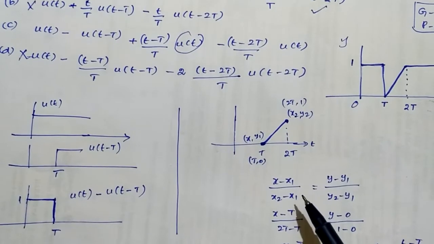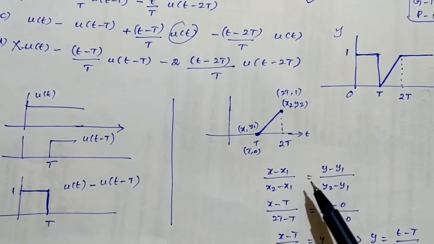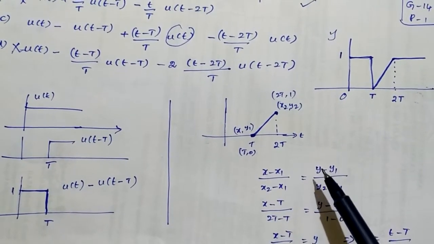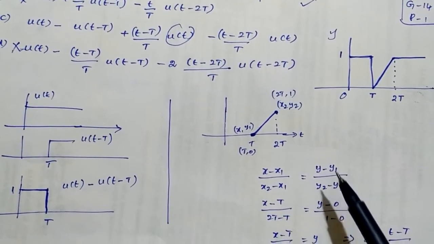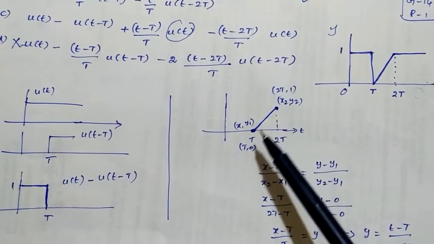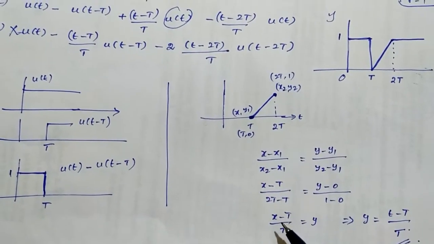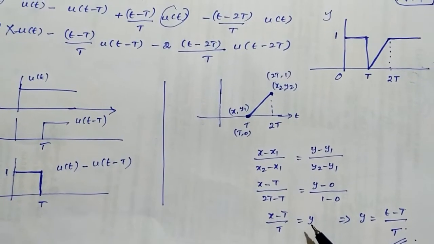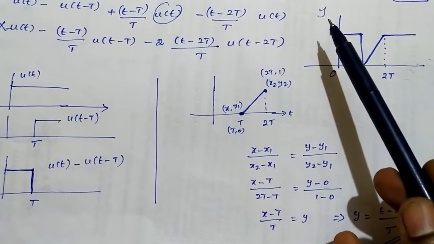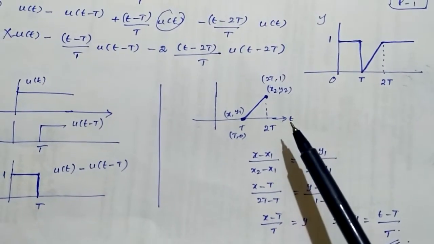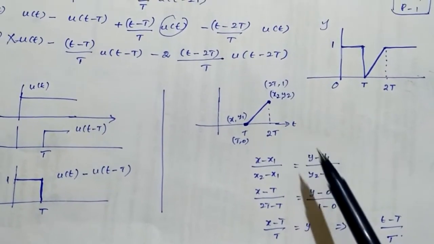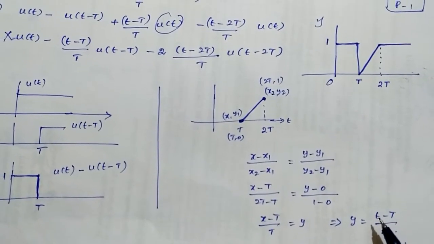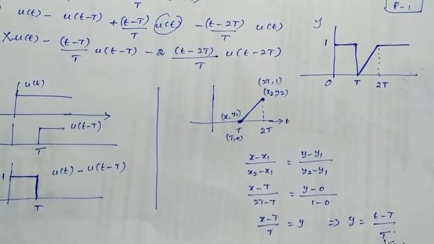We know the well-known formula from mathematics, a straight line equation: x minus x1 divided by x2 minus x1 is equal to y minus y1 by y2 minus y1. So substituting these coordinate values, we got x minus T divided by T is equal to y. So on the y-axis we have the value y and on the x-axis we have the variable as time. So y is equal to t minus capital T divided by T.